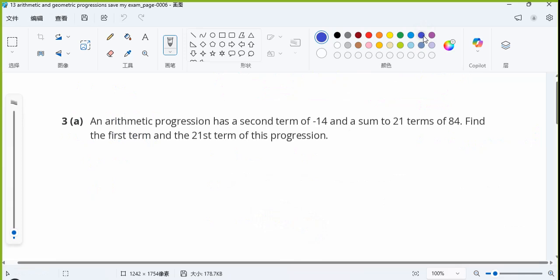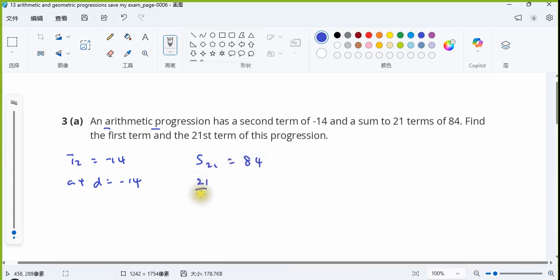Question number 3a, AP. The second term is negative 14. So a plus d is negative 14. And then the sum to the 21st term, S21, is equal to 84.